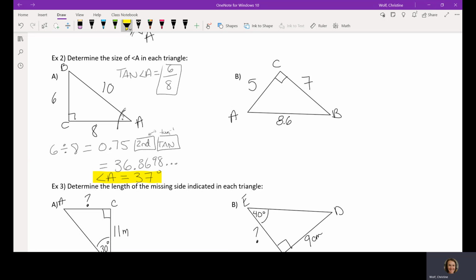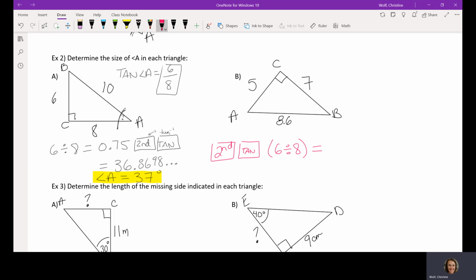Now, on some calculators, you actually have to do the opposite. Okay, so if that didn't work for you, this might work for you. What you do is you press second and then tan, and then open bracket, 6 divided by 8, close bracket, equals.